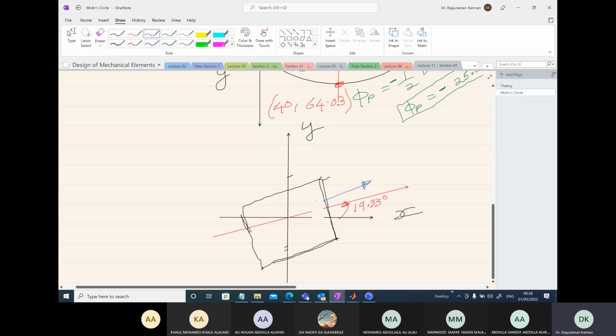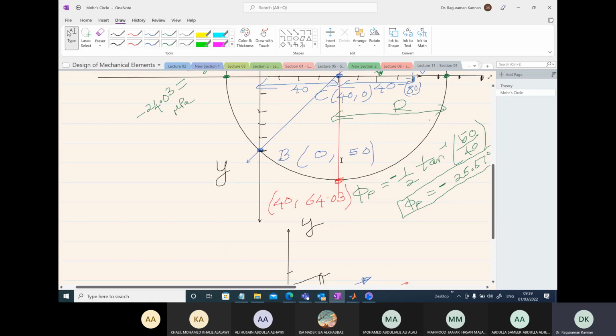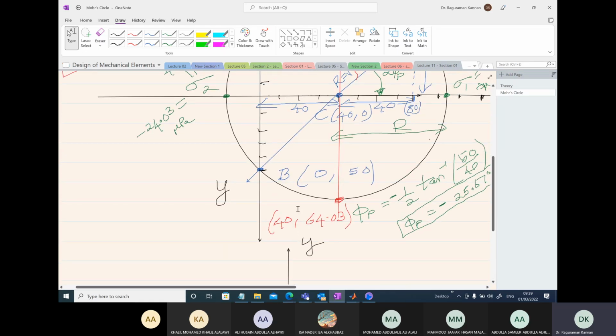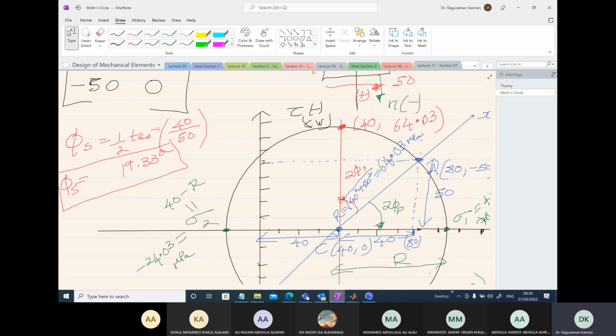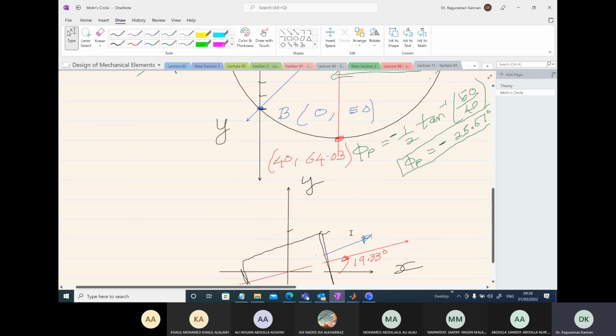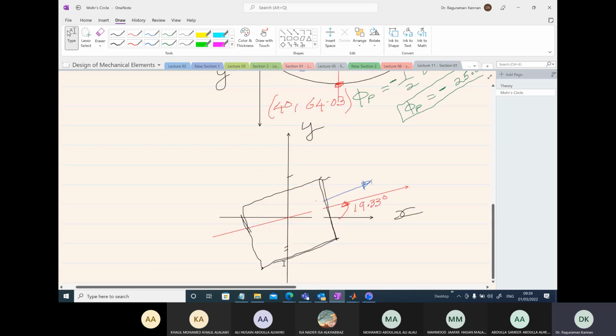On this element, we want to represent all the normal and shear stresses. Before we go to the shear stresses, from the coordinates we know all the normal stresses in both directions are positive, so tensile. And the value will be 40 megapascal.